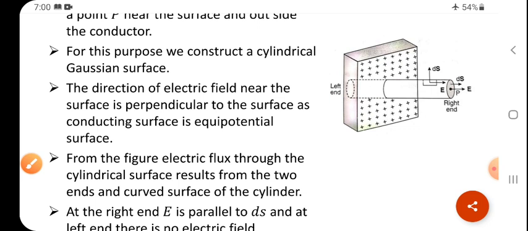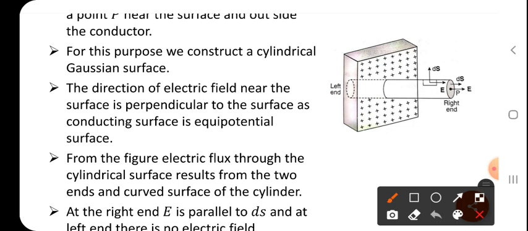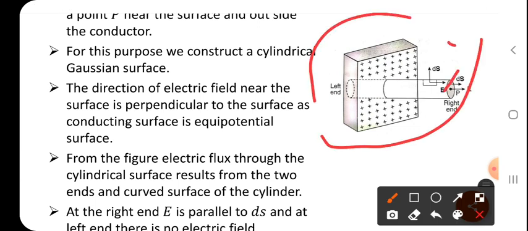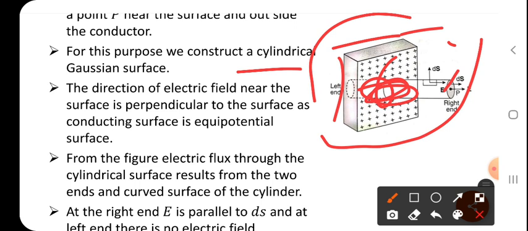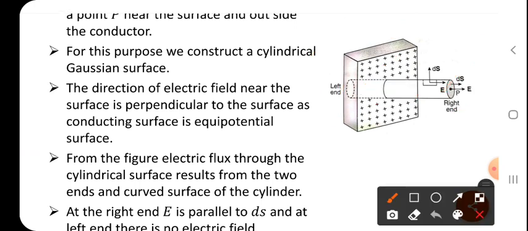I am not drawing a spherical surface because charges are present on one side only; on the back side there are no charges. That is why I can draw only a cylindrical Gaussian surface.